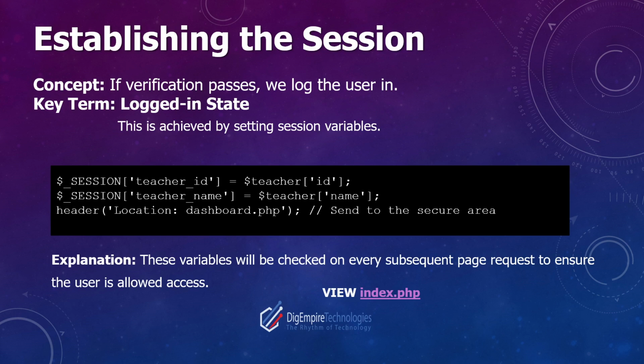This is achieved by setting session variables. If you check our simple code, it has indicated session variables that we have in this particular data. Once it checks, verifies, and logs in, automatically the header sends the user to a location called dashboard.php.